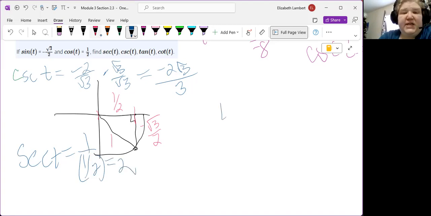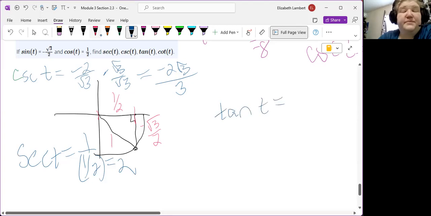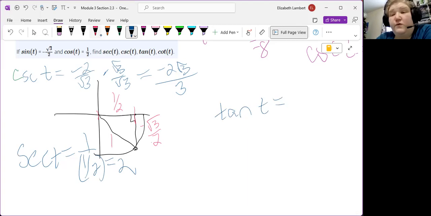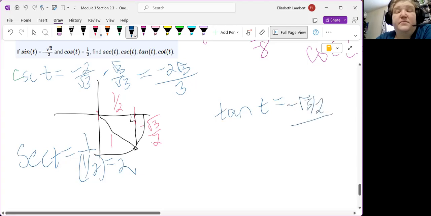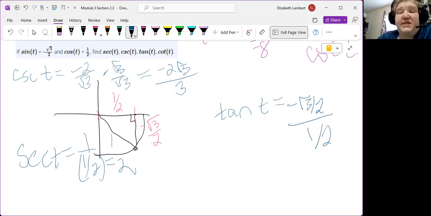And now we just have tangent and cotangent. So our tangent, the negative square root of 3 over 2, divided by 1 over 2. The over 2's are going to cancel. We just end up with negative square root of 3.